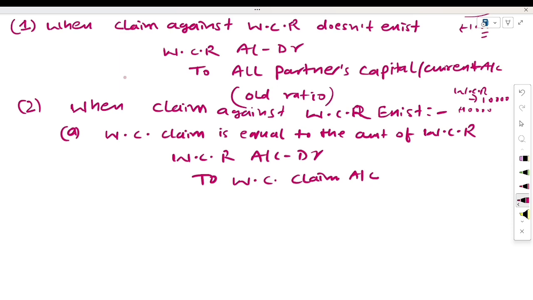You can write the narration: being workmen compensation claim adjusted.